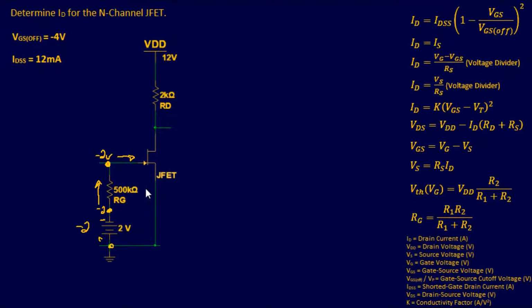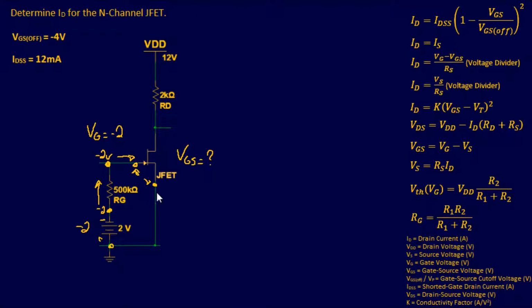Now, why is that good? Well, that tells us our gate voltage. And from there, we can determine our gate source voltage, which is our VGS. Why is that good? Because gate source voltage measures between these two points. So if you stuck a meter between these two points, that would give you this value.